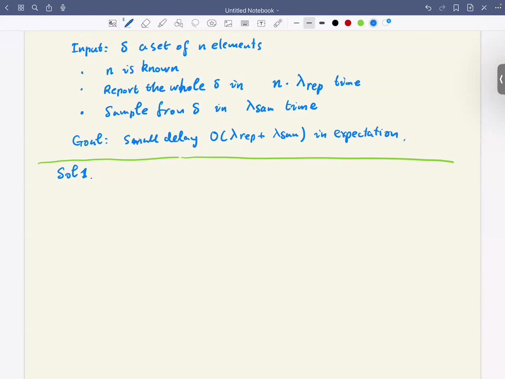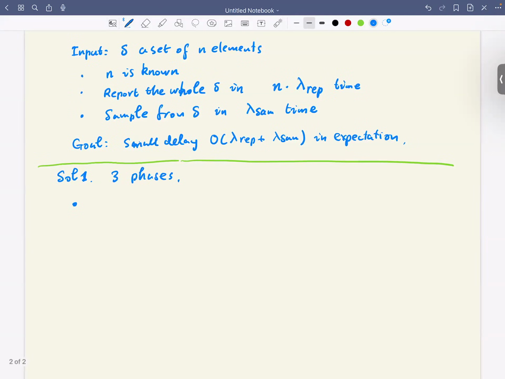Okay, good. So the solution has three phases. In the first phase, we're going to produce a permutation of n by 2 elements.